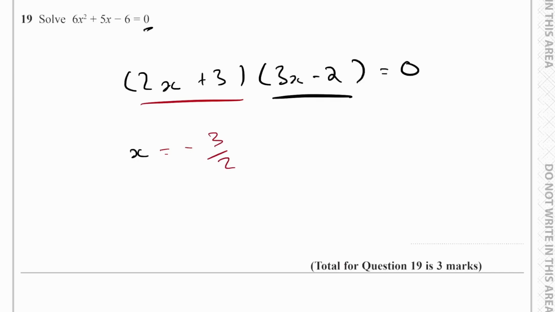And you can do the same thing for the second bracket. If you look at the second bracket, x would need to equal 2 over 3. You can see that if you put 2 over 3 into this, then we'd get 2, and 2 minus 2 would give you 0, so the whole thing would come out to 0. And the same thing for the top one. So that's how you solve for this. You get minus 3/2 and 2/3 as your two answers.